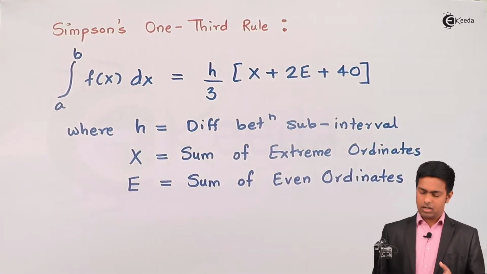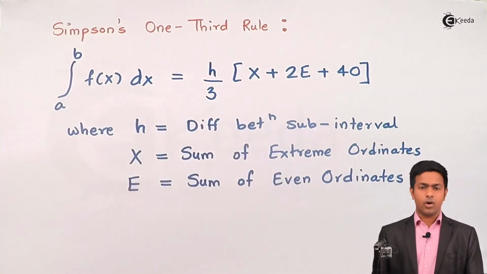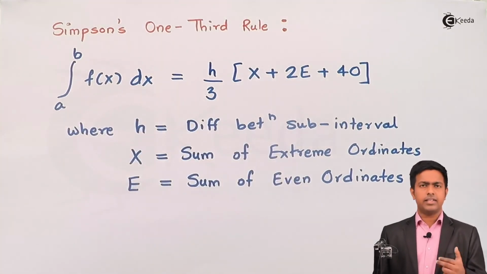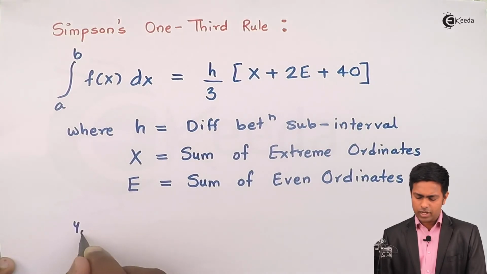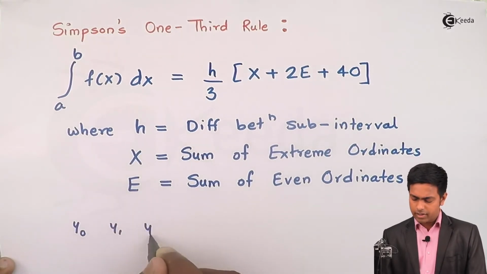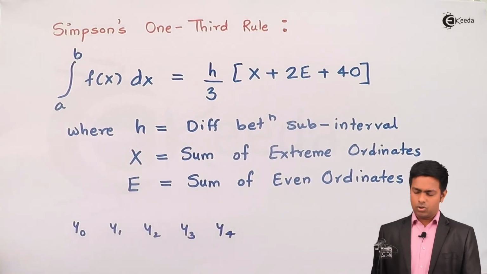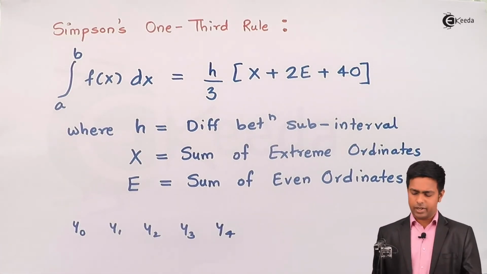Now guys, how do we get the even ordinates? Whenever we find the value of the function f of x, or the value of y, at each value of x, we get values like this. The first value will be called y0, then y1, then y2, then y3, y4, and so on. What we have to do is take the sum of the even ordinates. I'll take one example.